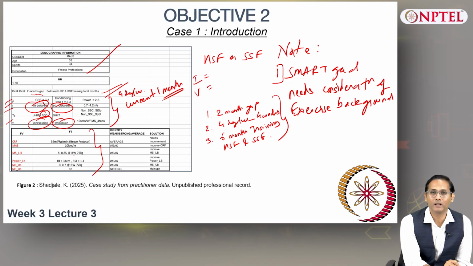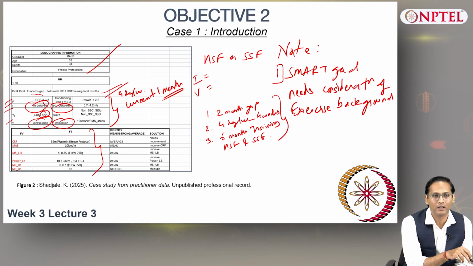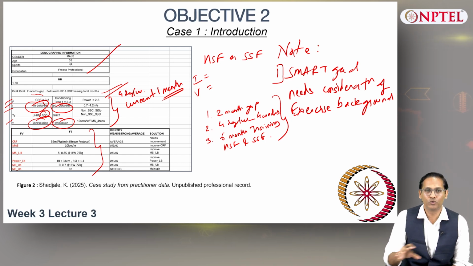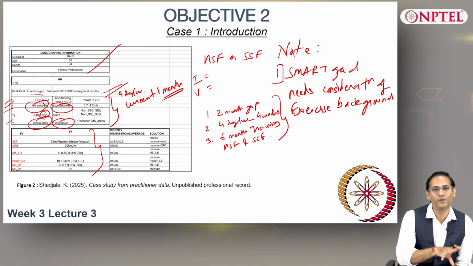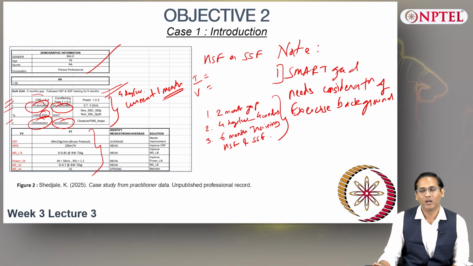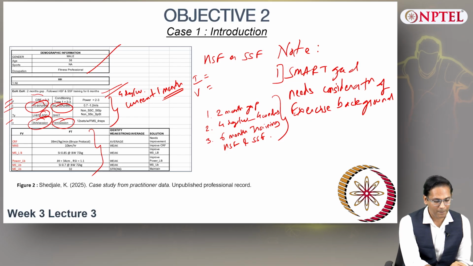It is interpreted as weak. You will understand why it is weak once MAS as a key performance indicator has been explained. This exact same case will be repeated in week 4, and you will be able to interpret the conditioning test results. So for the current case, the MAS is low and it needs improvement.